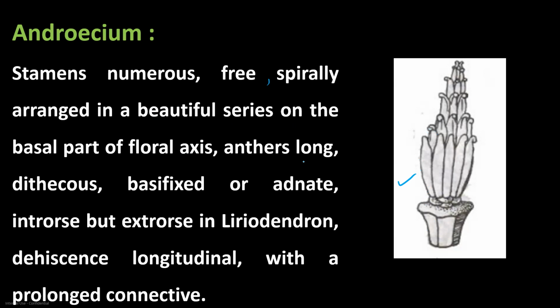The anthers are long, dithecous, basifixed or adnate, introrse but extrorse in Liriodendron, dehiscence longitudinal with a prolonged connective. Now see, if I draw it for you, you will understand better. The structure is more or less like this.